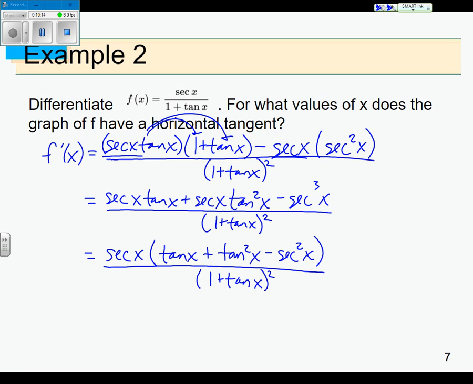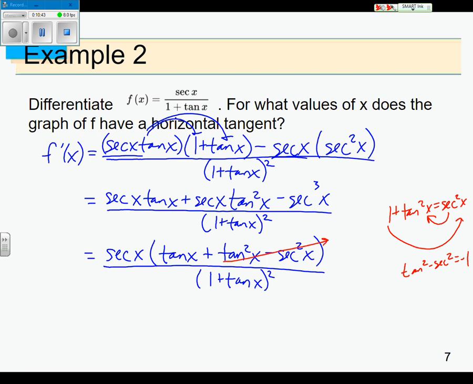Now, if you got it to here and I was just asking for the derivative, you're probably going to get full credit. But this does simplify some more. I have another one of my identities from last year that said that 1 plus tangent squared was equal to secant squared. Meaning that if I subtract off the secant squared and subtract off the 1, I would get tangent squared minus secant squared would equal negative 1.